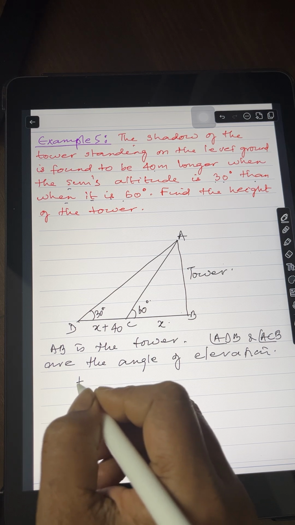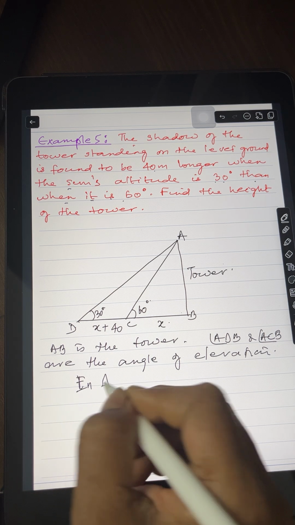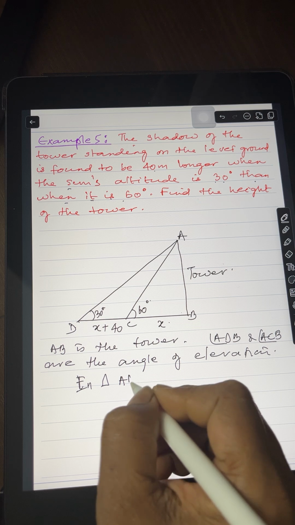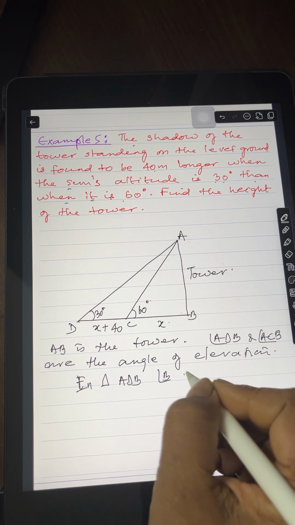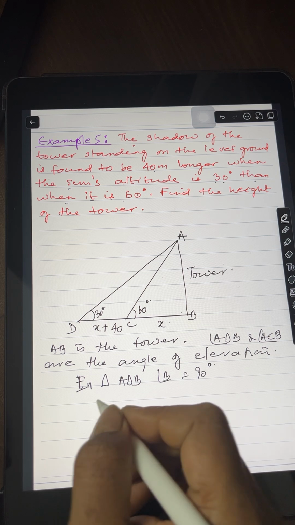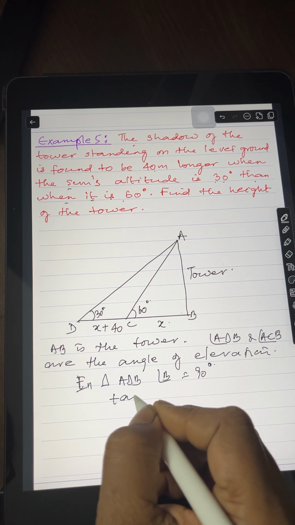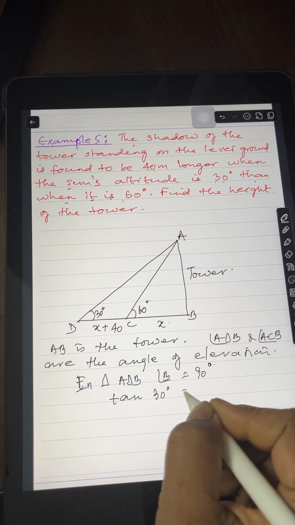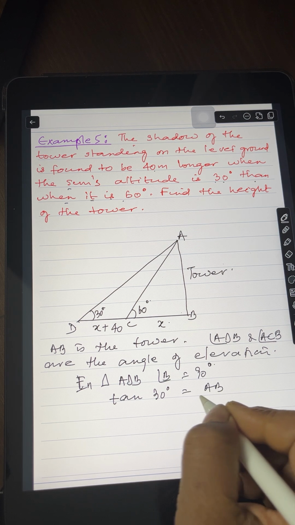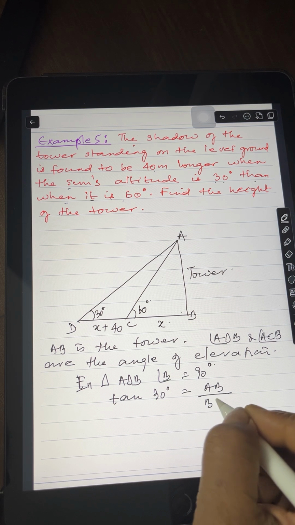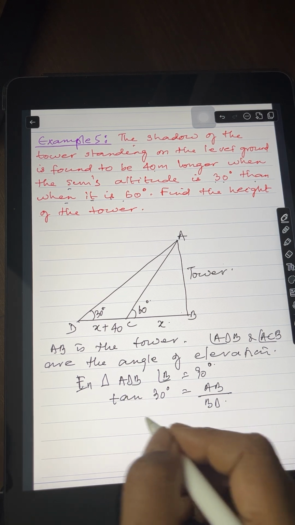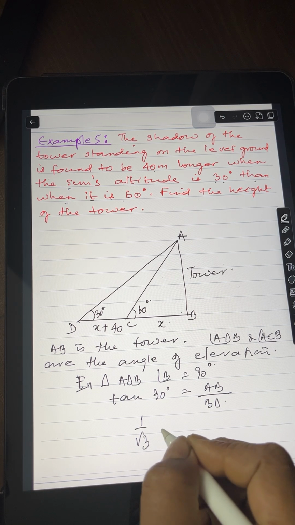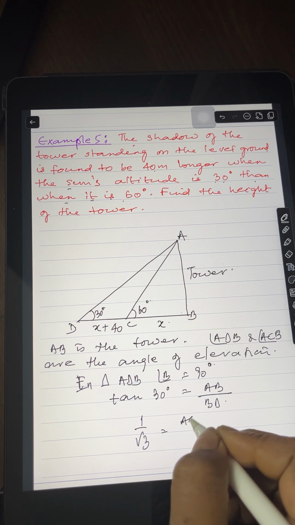In triangle ADB, angle B is equal to 90 degree. So tan 30 is equal to AB by BD. What is tan 30? 1 by root 3. AB you don't know.